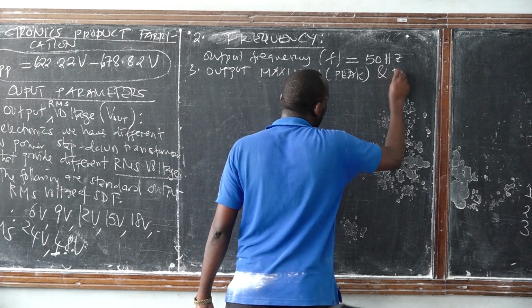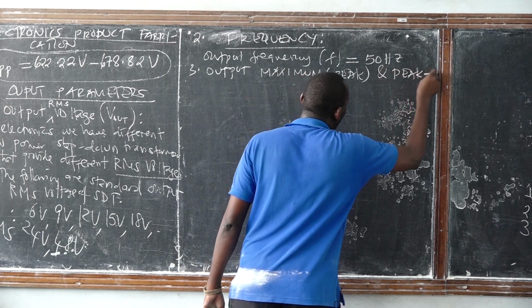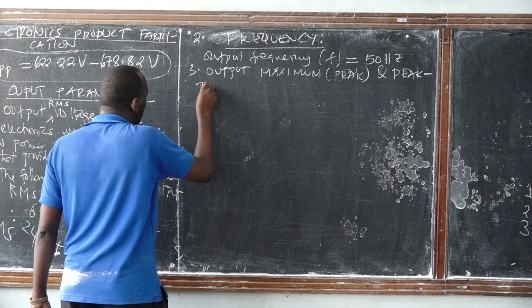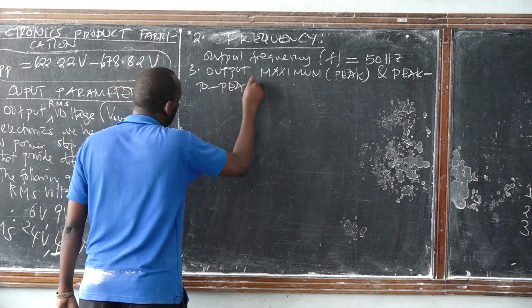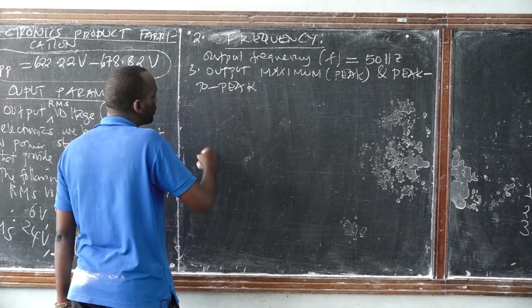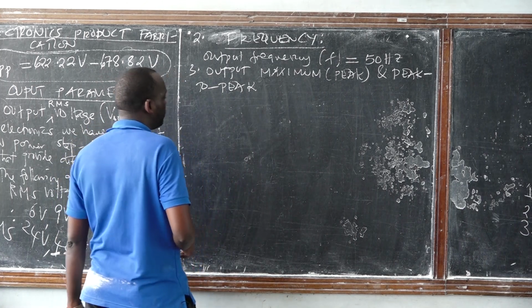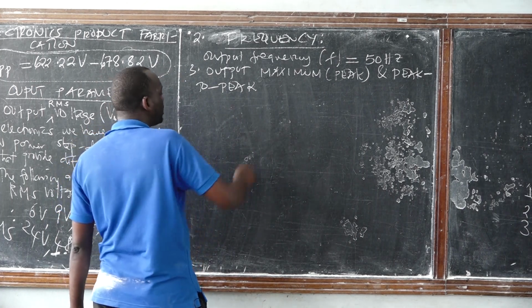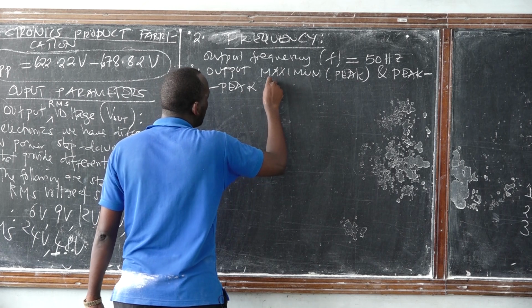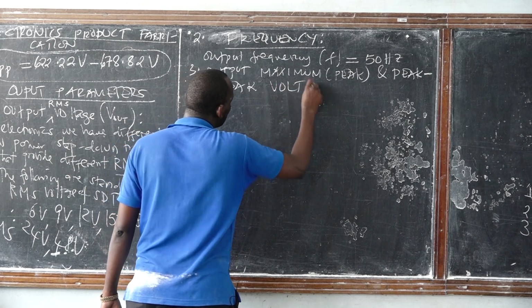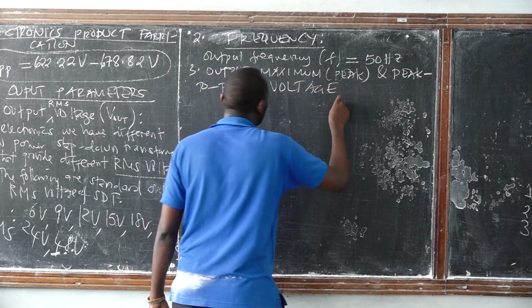And what? Peak to peak. Because I want to strengthen you about the concept of peak to peak, because it will give you a lot of struggle. Output maximum, peak to peak voltage.